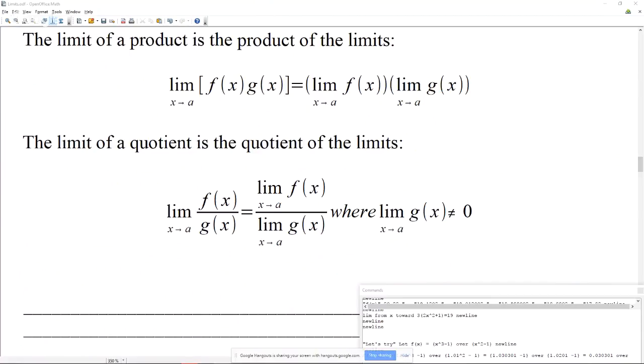Because I'm dealing with the denominator here, I have to add the caveat that g of x cannot equal 0. Because if g of x equals 0, what's the limit of 0? The universe explodes. So this has to be included in the quotient rule for limits.